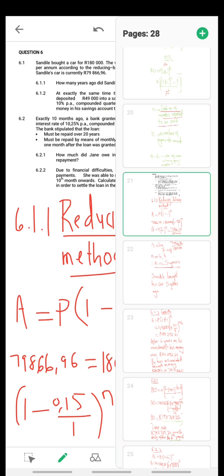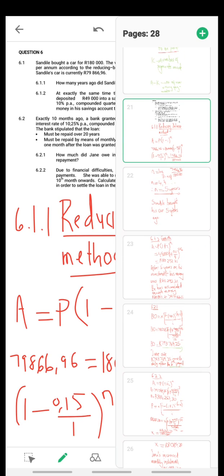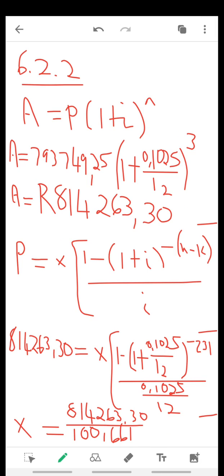okay for the remaining months. So when we do that, we use our compound interest. We want to know how much was the balance by the end of the 3 months that she missed.